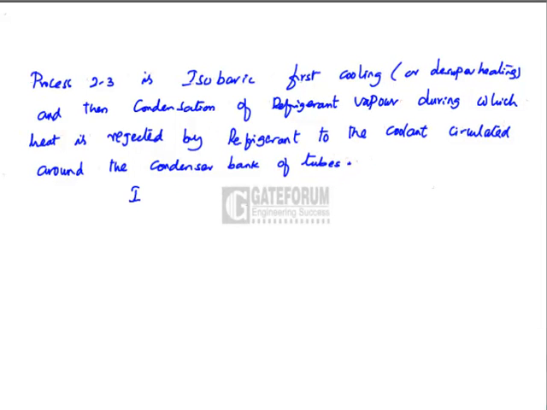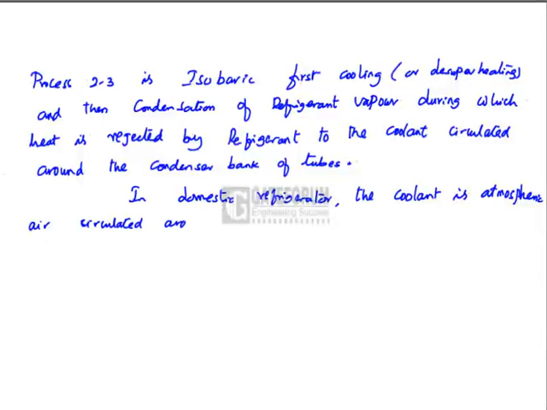In domestic refrigerator, the coolant is atmospheric air circulated around condenser on the back side of the refrigerator. Usually a natural convection.